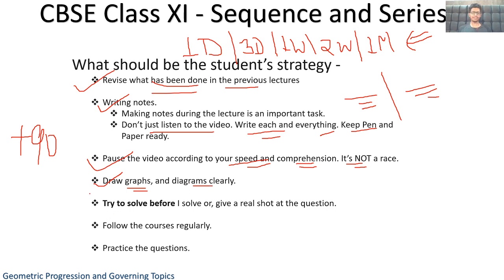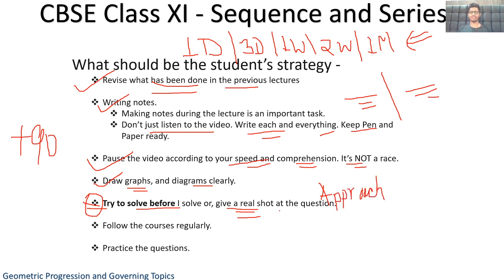And I think by far this is the most important thing: try to solve before I solve, or at least give a real shot at the question. Even if you don't get the correct answer, what really defines you at this point of time is how you approach that question. Because if you have the correct approach, half the battle is already won.